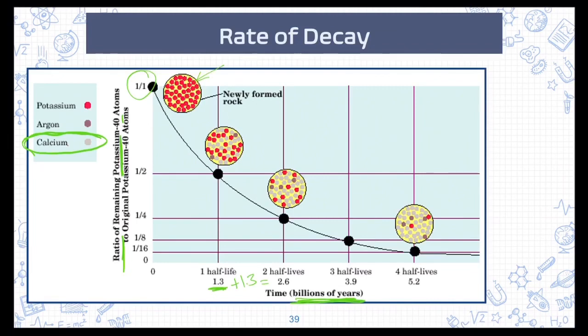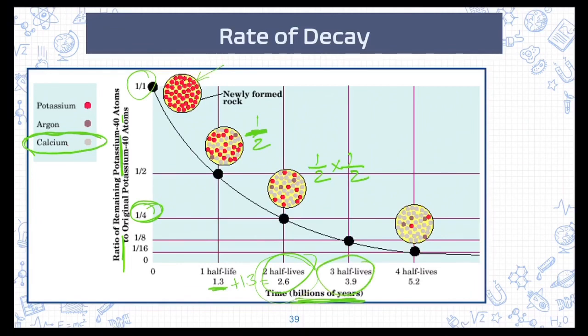Okay, so after 2 half-lives, we have 1/4 the original amount. Okay, so once again, this is half right here, half the original amount, and this is half times half, or 1/4. Okay, so that's 2 half-lives.